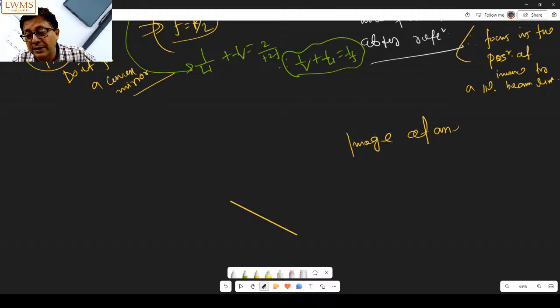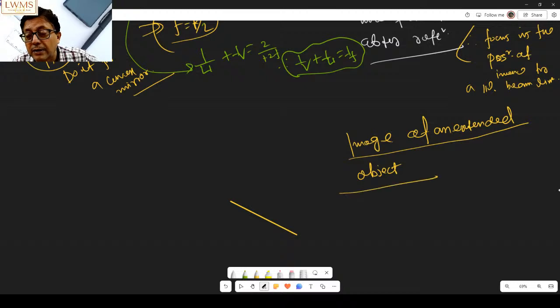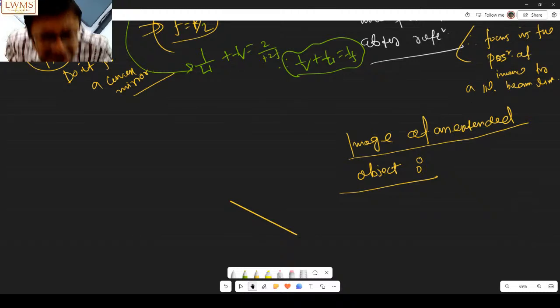Image of an extended object. So how will the image be formed for an extended object? You have to note it down. Okay?